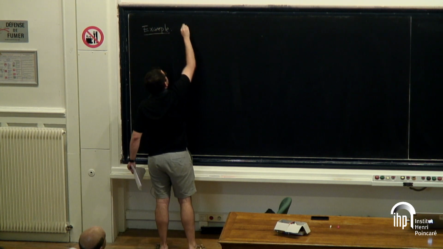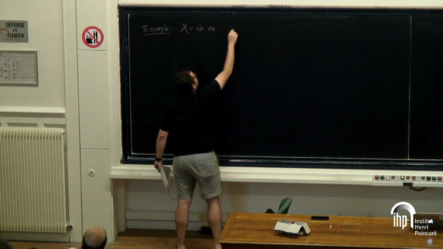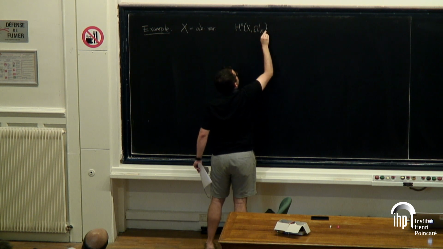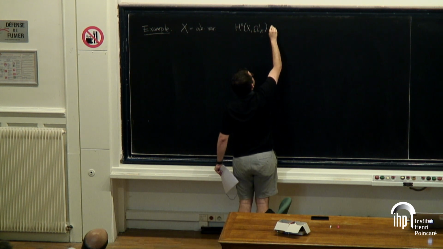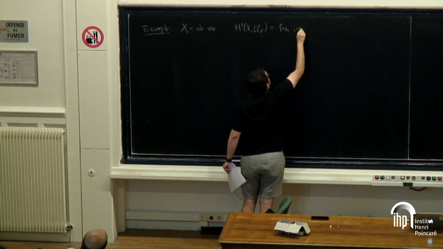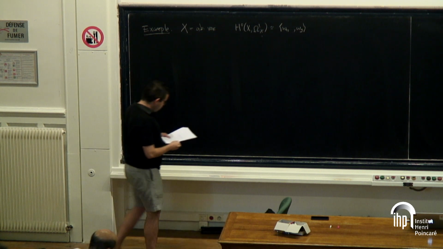So say, for example, that X is an abelian variety. So in this case, if I take this vector space, this is going to be some g-dimensional vector space. And so I'll write omega 1 through omega g for global sections.